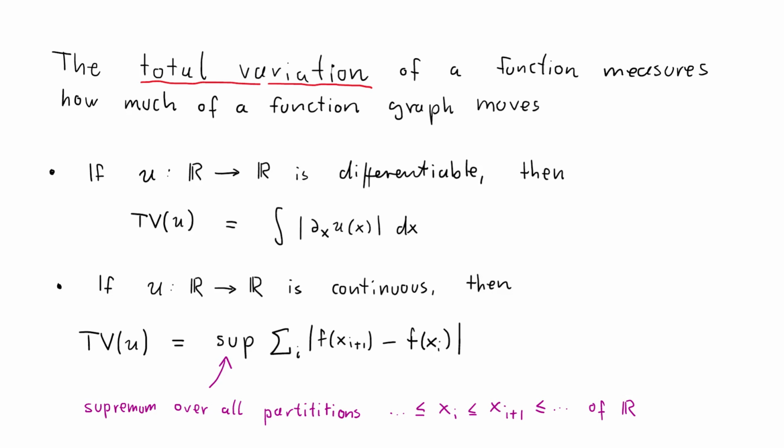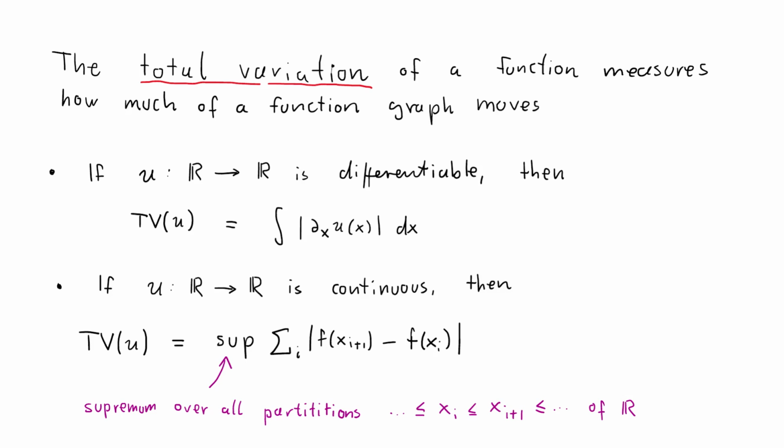Specifically, before we take a look at the proper definition of total variation, let's first have a look at a few examples. If u is a function from the real numbers into themselves that is differentiable, then the total variation TV of u is defined as the integral of the absolute value of the derivative of u. More generally, if u is a continuous function, then the total variation of u is defined as follows. We consider all partitions of the real line by nodal points.